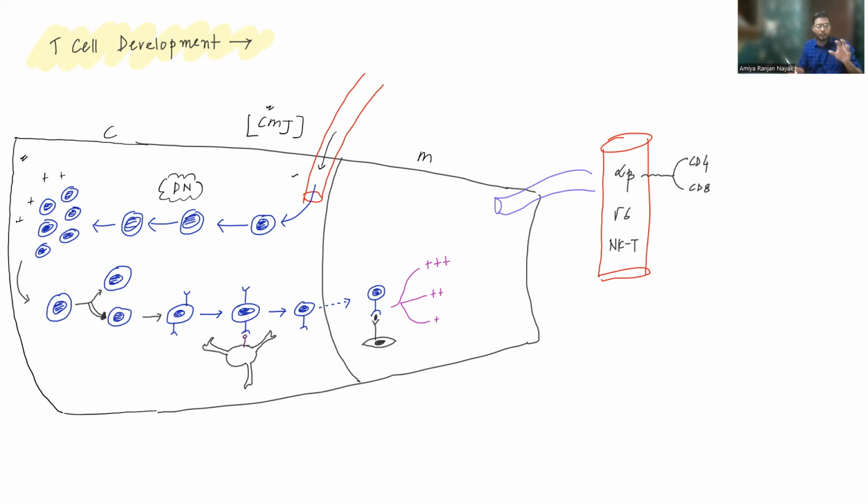So if you take out one immature T lymphocyte, as you can see here, this is one immature T lymphocyte. When the process of development starts, the first thing that happens is T cell receptor rearrangement. Okay. What is this T cell receptor rearrangement? This I'll discuss in detail in the next slide.